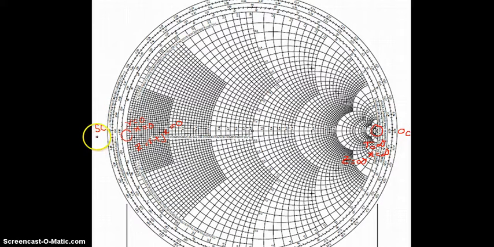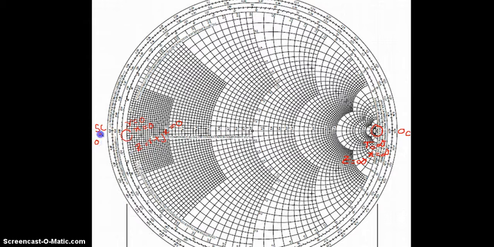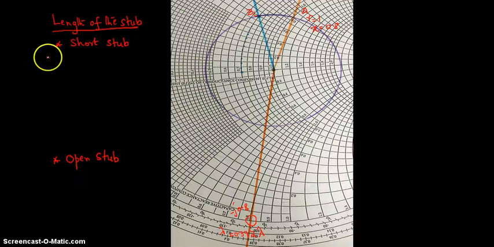Now you can understand that the lambda value of a short circuit is 0 lambda, and the lambda value of an open circuit is 0.25 lambda. If we go back to our circuit, the length of a short circuit stub is calculated as L equal to the lambda of the minus JX point minus the lambda of short circuit.